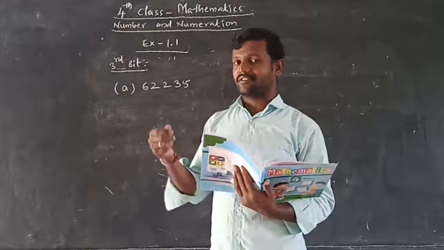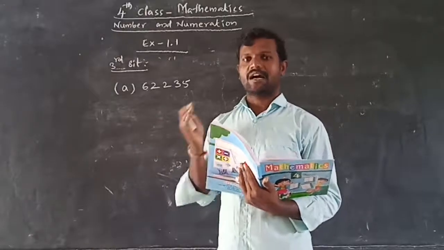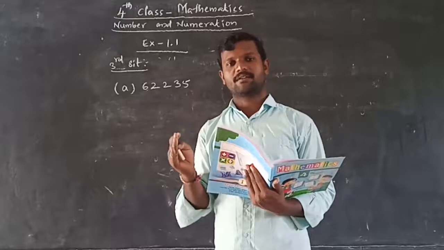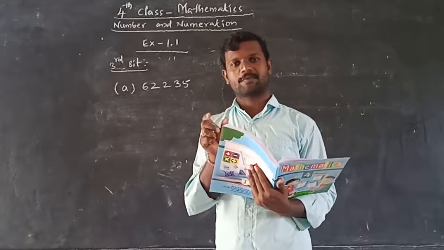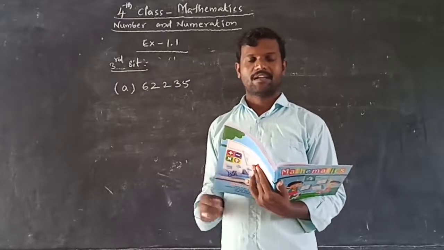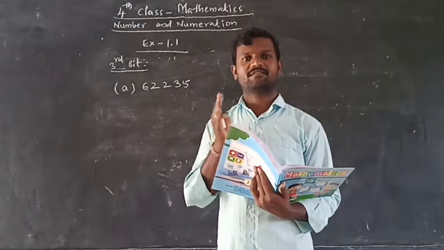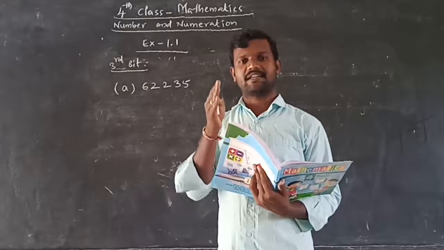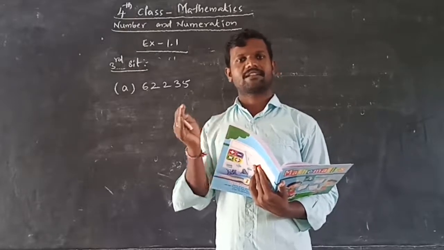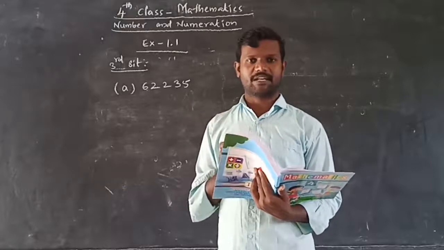I said where we have to write commas: after hundreds period, then thousands period, next lakhs period. Hundreds period means ones, tens, hundreds, 3 digits will come in hundreds period. Next, 1,000, 10,000 will come in thousands period.